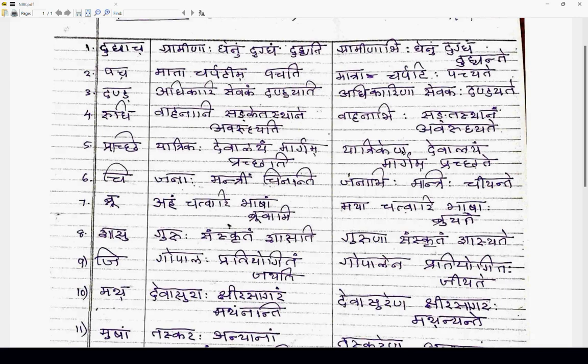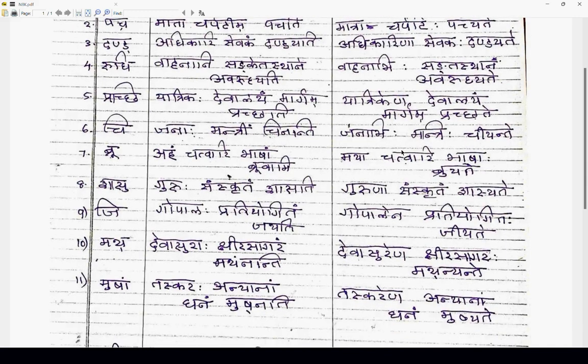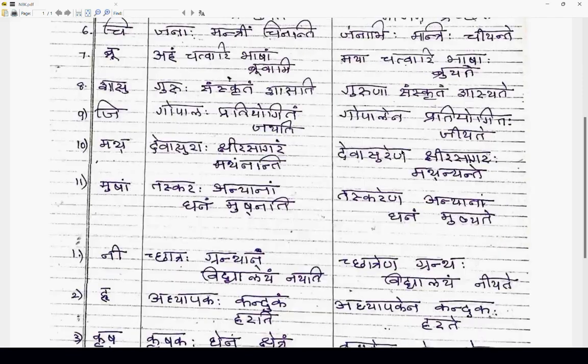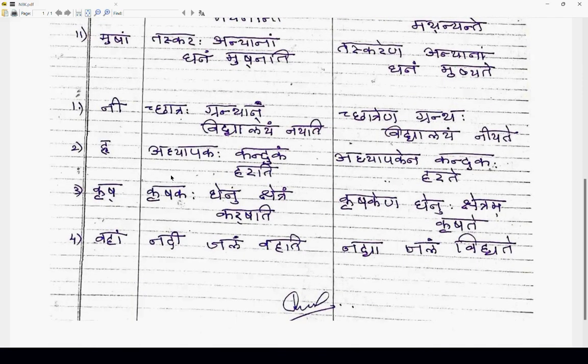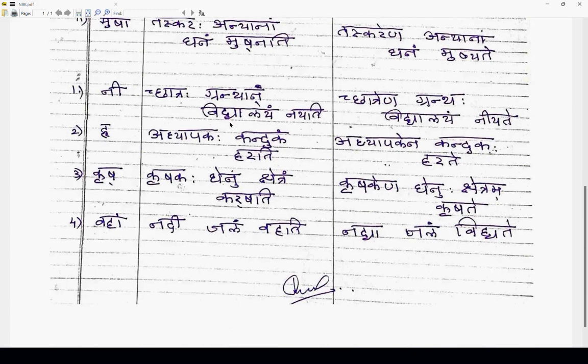Only the first one has two karma padas. We need a Dvikarmaka. You can just add one karma later. Here the ni has two. Chatra granthan vidyalayam niyati. Chantrena granthaha vidyalayam niyante.